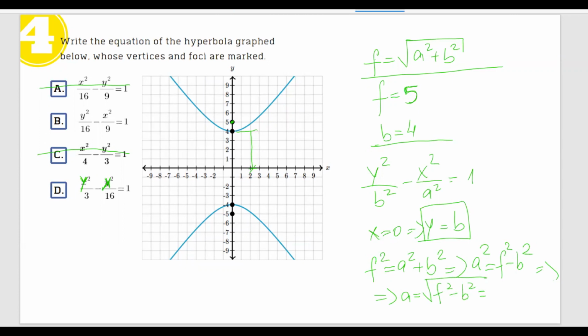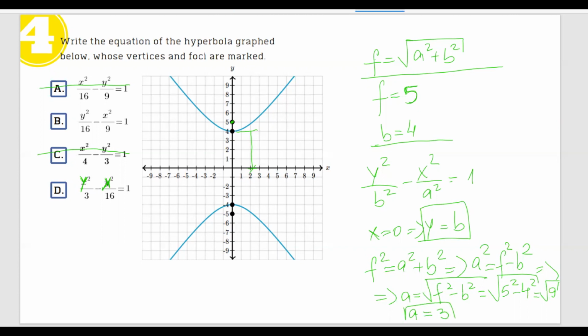So we get the square root of 5 squared minus b, which is 4 squared, and we get the square root of 9. 25 minus 16 is 9. So a equals 3.